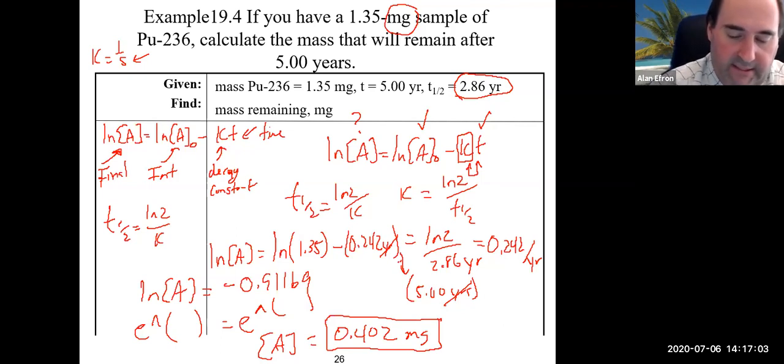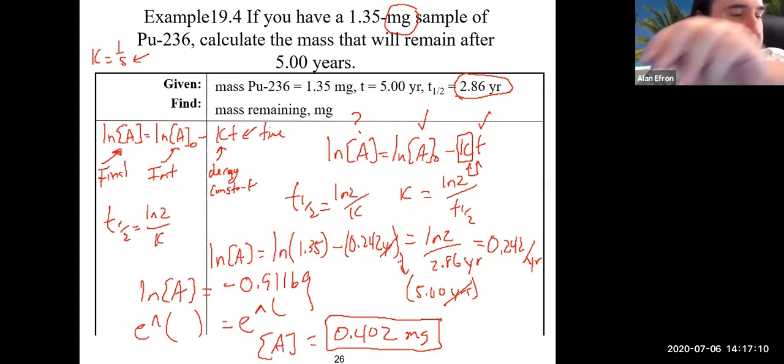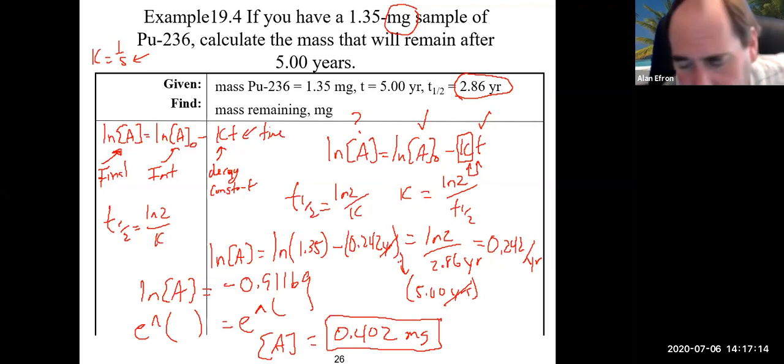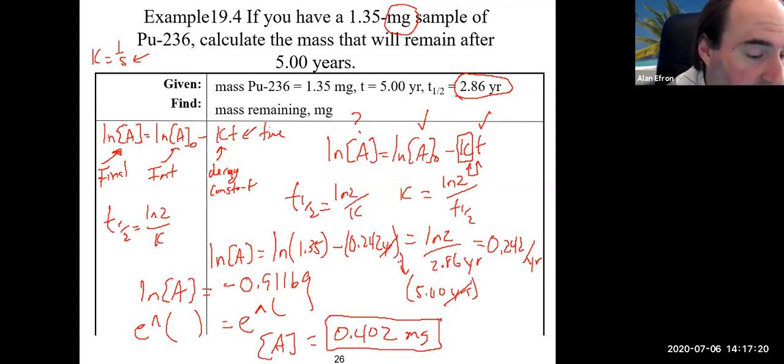It roughly did just under 2 half-lives, right? So if you roughly did 2 half-lives by taking 1.35 divided by 2, you get 0.33. This is obviously less than 2 half-lives, so you should have a little bit more. So 0.402 would sort of make sense. Any questions on any of those calculations there?